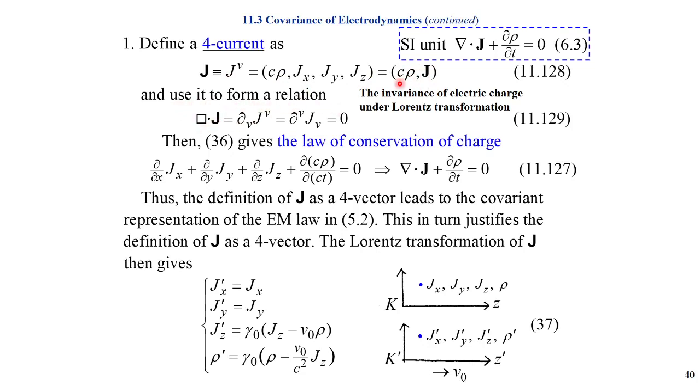We have the 4-current as a 4 tensor of the first rank. Remember, the divergence of a 4-vector, in this case, is 0. The divergence of a 4-vector you can write in this form or in this form, it doesn't matter. And the result is 0.